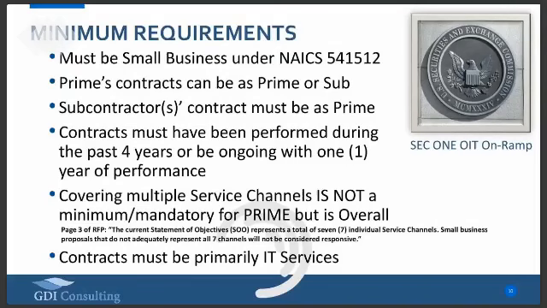Contracts must have been performed during the past 4 years. It was 3, they changed it to 4. And must be or can be ongoing. But if they're ongoing, you need to have at least 1 year of performance. There is an exception to that. If you have a CPAR for something that has a performance less than a year, that's fine.